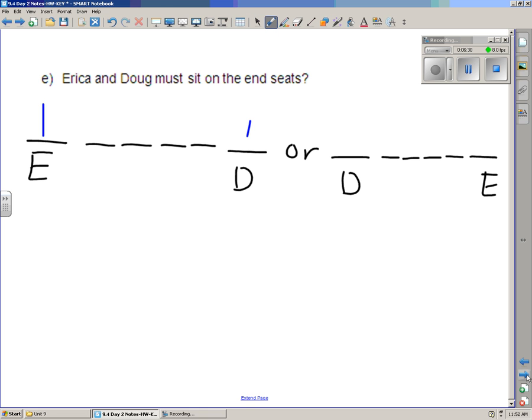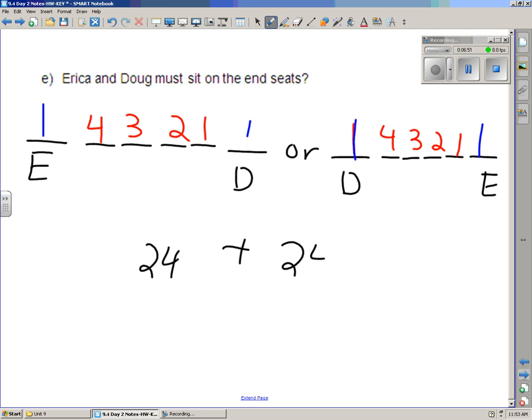Once 2 kids sit, there's 4, then 3, then 2, then 1 left. Same thing here. Once those 2 kids sit, then there are 4, 3, 2, 1 left. 4 times 3 times 2 is 24, or 24, 48 different ways we can make arrangements.